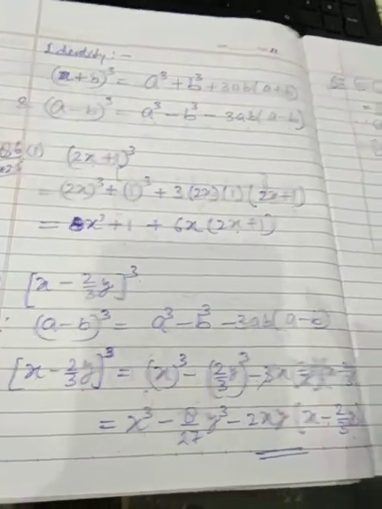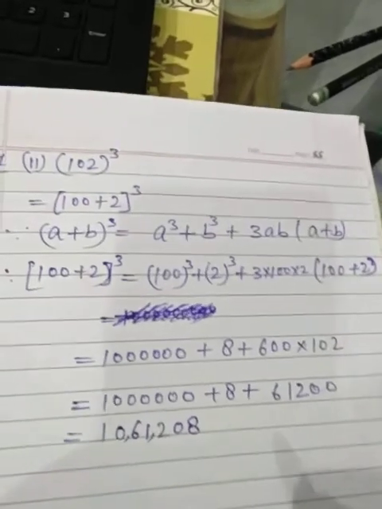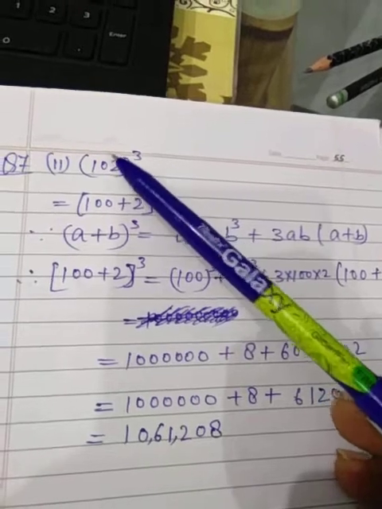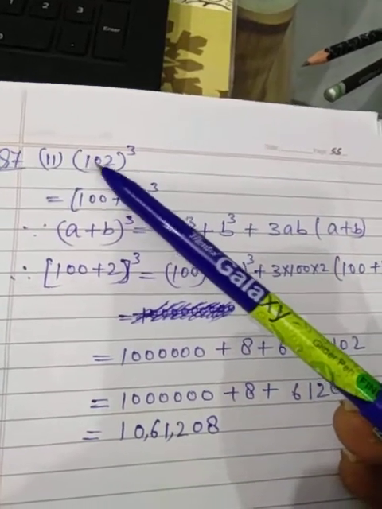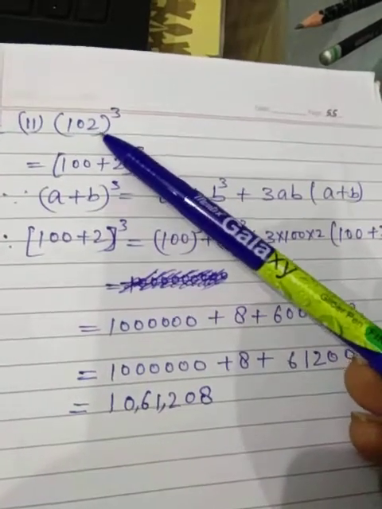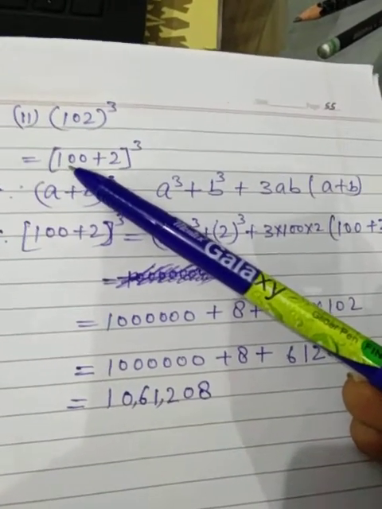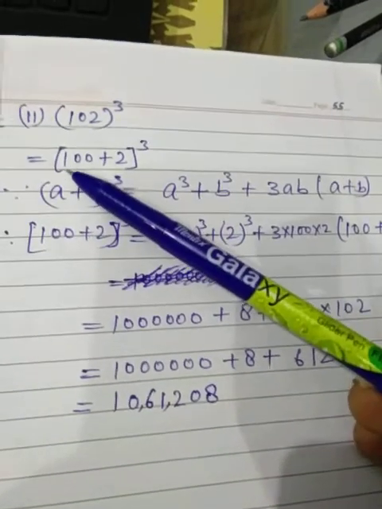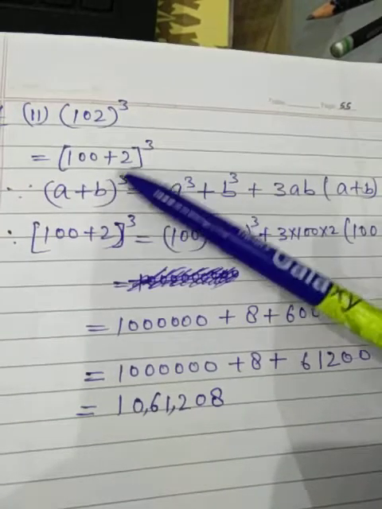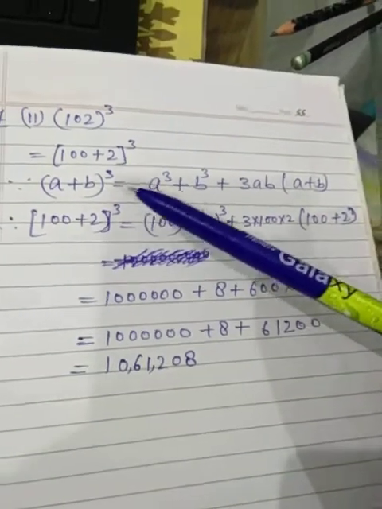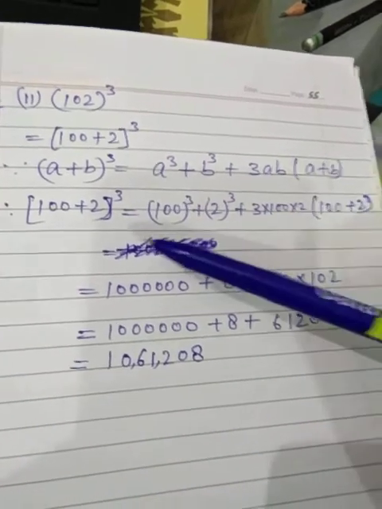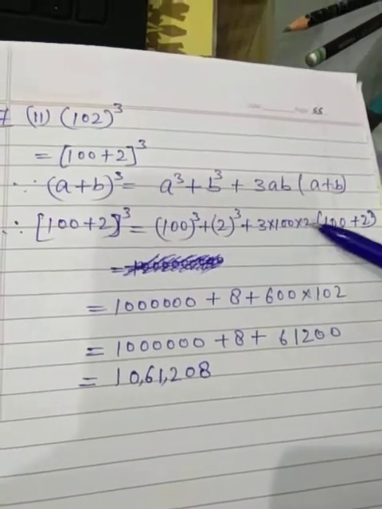Some applications are also given. I can show that application. Definitely you may understand this, because the question is given there. Find the value of 102 cube using identity. So we can break down this 102 into two parts as 100 plus 2 whole cube, and we take 100 as the first term, that is a, and 2 as b, and using this identity we compute it by putting the values of a and b as shown in all those steps.